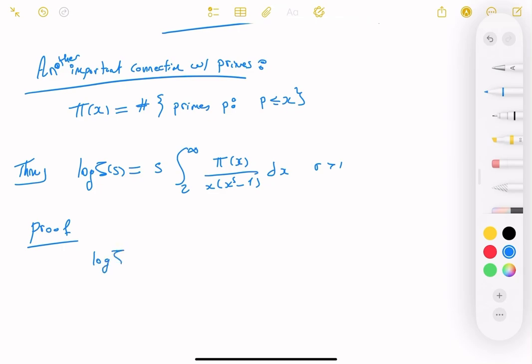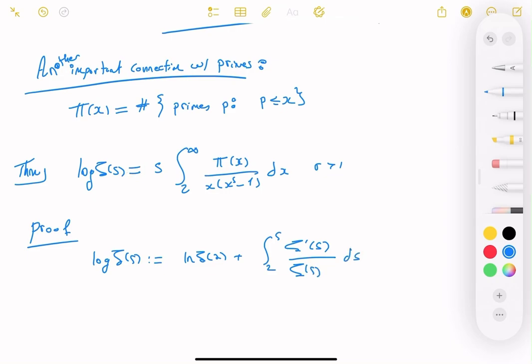So log zeta, you can define it, for example, in this way. You can define it to be ln of zeta of 2 plus the integral from 2 to s of zeta prime of s over zeta of s ds.